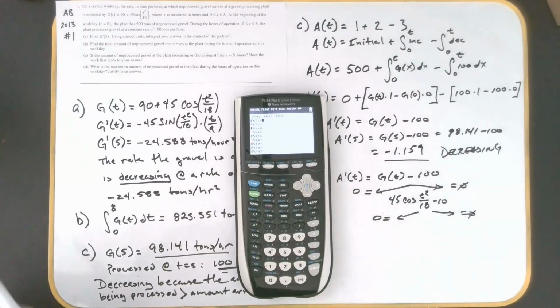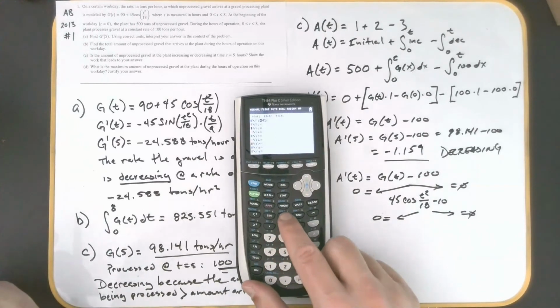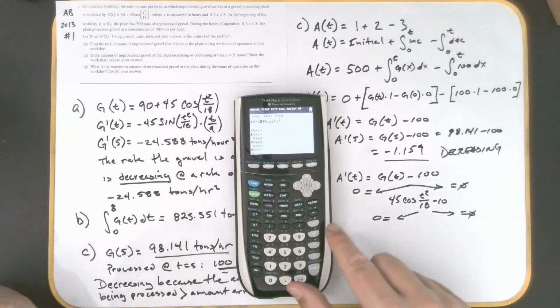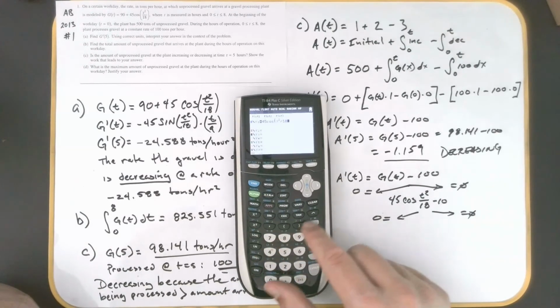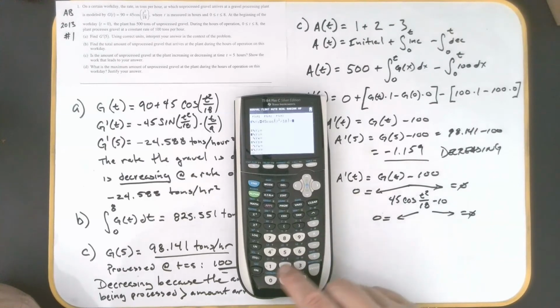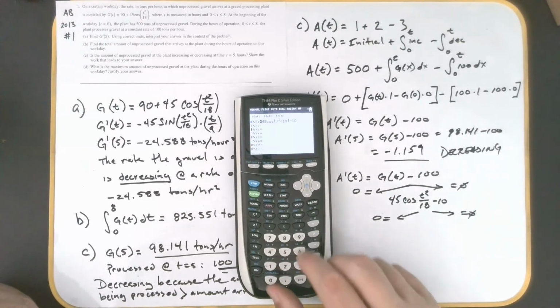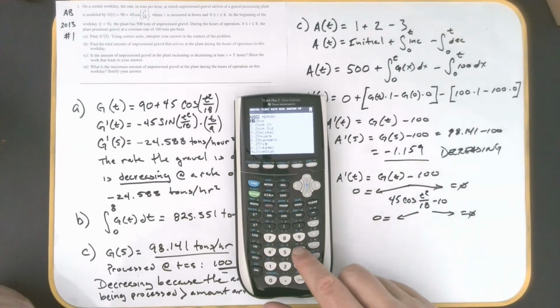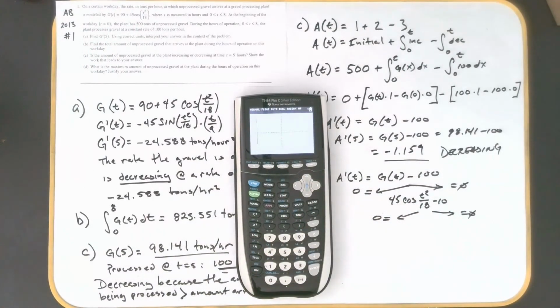And I'm going to say, all right, 45 cosine of x squared divided by 18. And then I'm going to subtract 10. And I'm curious what this looks like. And I'm just going to go zoom standard here. And you can see, because it's a cosine function, what appears to be this oscillation. But the thing you want to keep in mind whenever you have this kind of question is respect what the domain is, or the range.